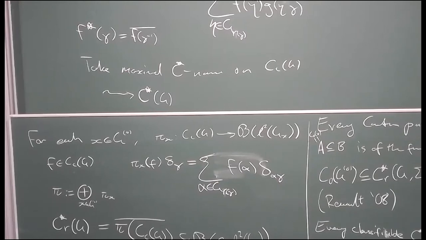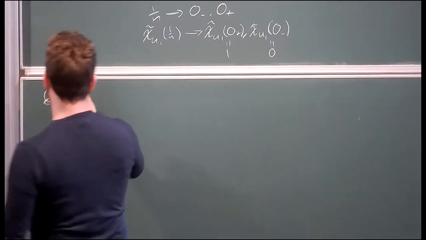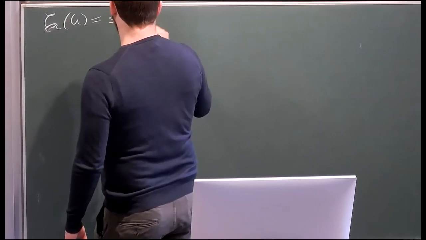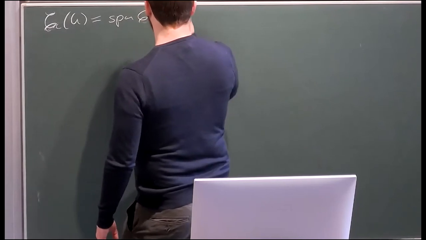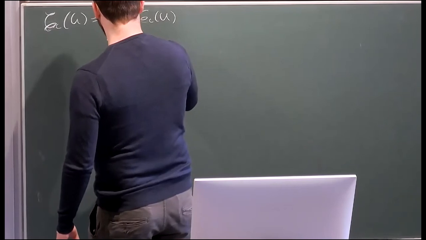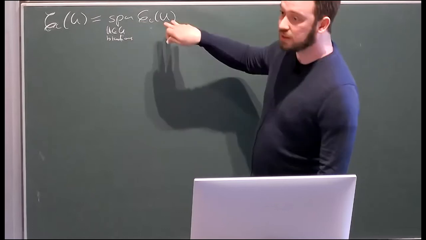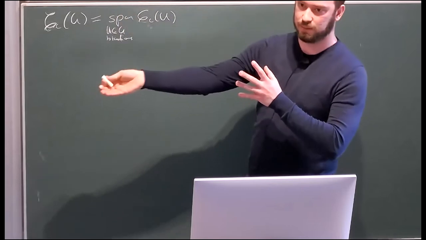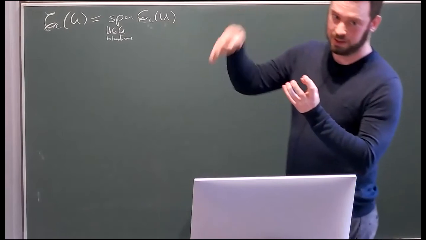So we just say, okay, curly C subscript C of G is just going to be the span of C_c(U) for all open bisections U. I can make sense of this span now because when we have the curly C, we're considering functions from G to the complex numbers that are supported on U, and when you restrict to U, they are continuous.